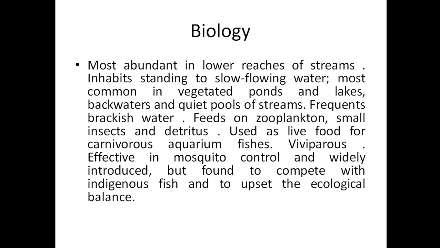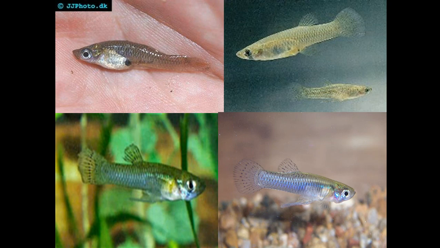Nowadays, this is used as food for aquarium fishes. It's a viviparous fish. This is most effective in mosquito control and widely introduced. But nowadays, we could find that they started competing with our indigenous fish and upsetting the ecological balance.